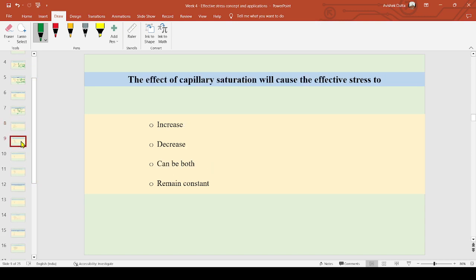The effect of capillary saturation will cause the effective stress to. What will happen to the effective stress if the capillary suction happens?